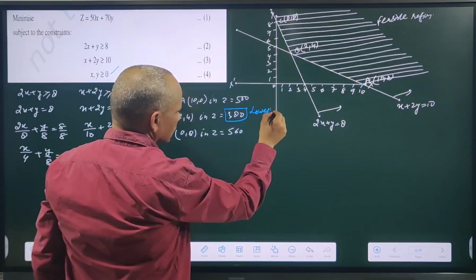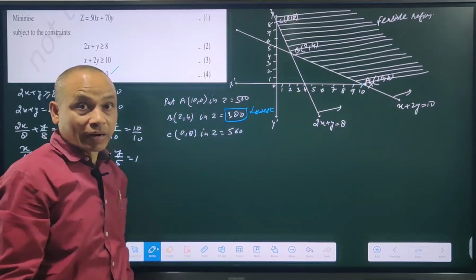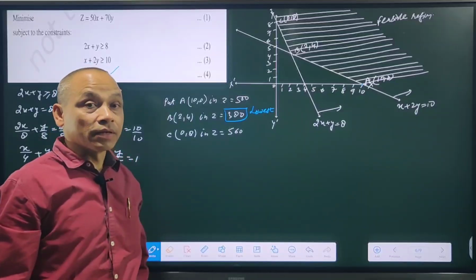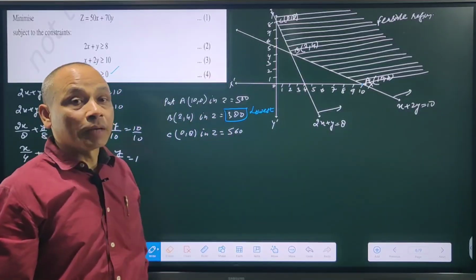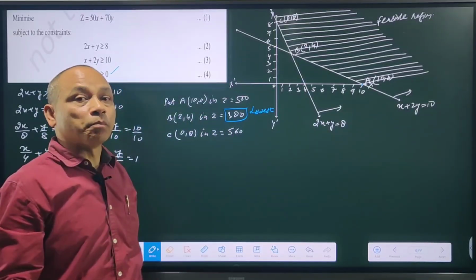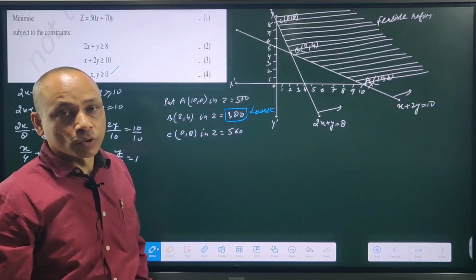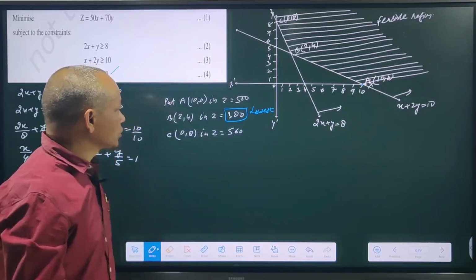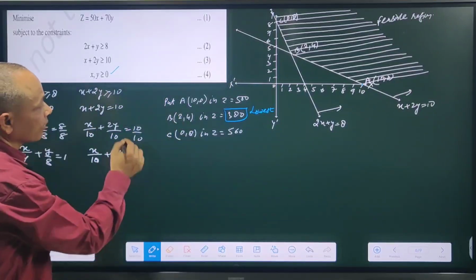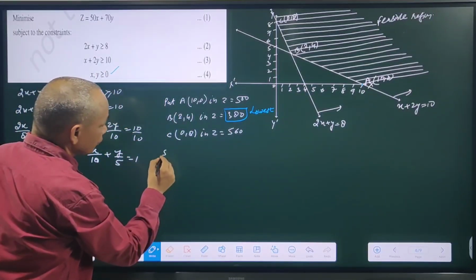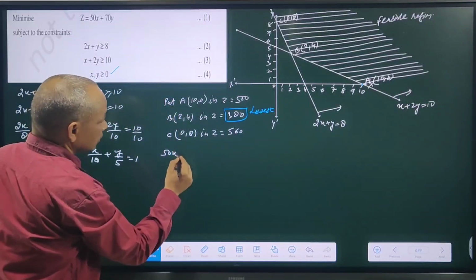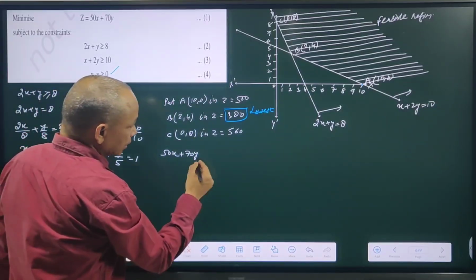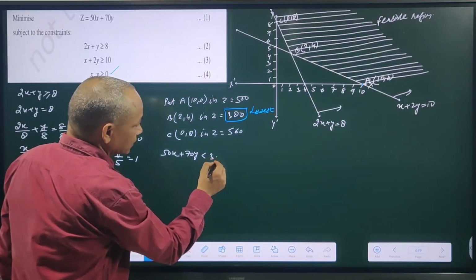So this is the lowest value of Z, but as the region is unbounded, this lowest value of Z may or may not be the minimum value of Z. So for that, what do we do? As we did in the previous question, we will write 50x plus 70y, the constant, if it is less than 380.